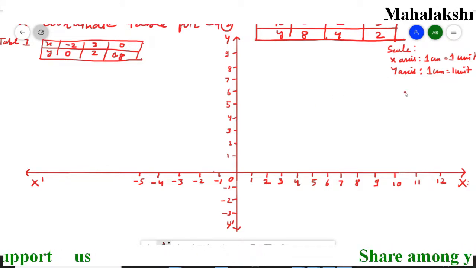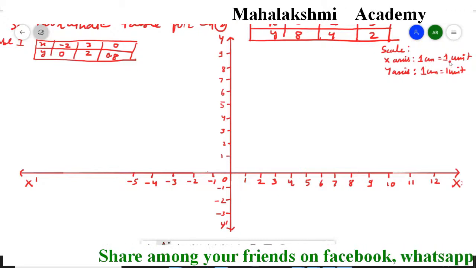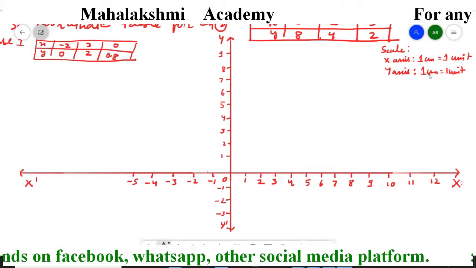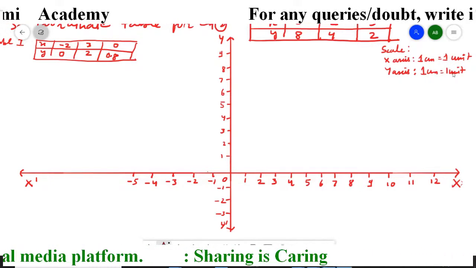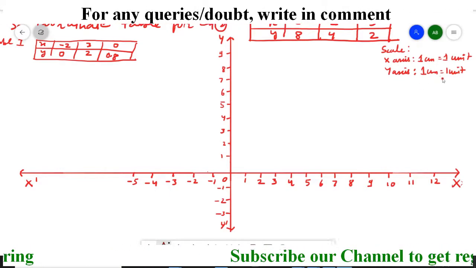For 1 centimeter I took one gap, that's why 1 unit. Unit is not mentioned in the question, that's why 1 unit. On the y-axis also, for 1 centimeter there is a 1 unit gap. So like this we have to write down the scale.